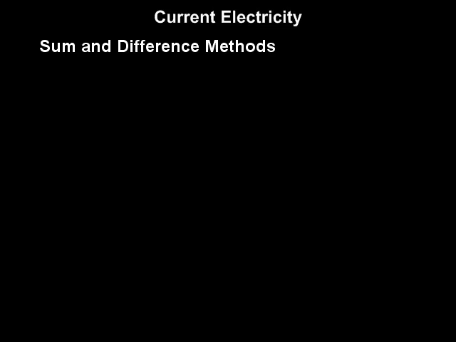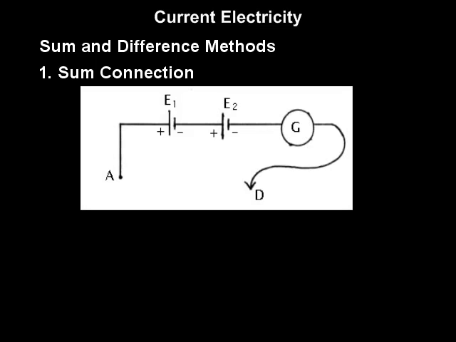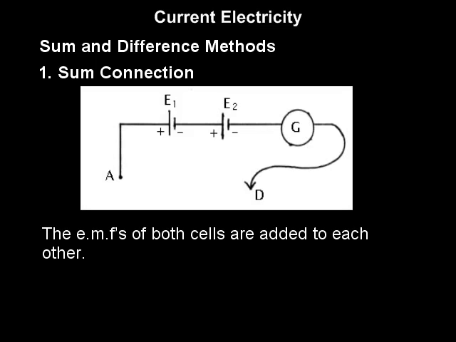The method in which both the cells whose EMFs are to be compared are connected at a time is called sum and difference method. In sum connection, both the cells are connected as shown in the figure such that their EMFs are added to each other.